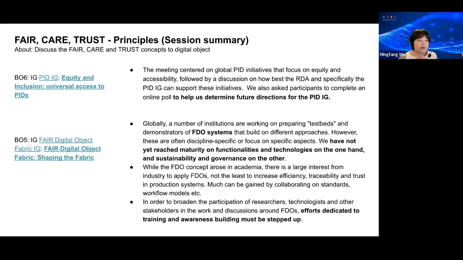At the same time, because the academic interest also attracted industry to apply the FAIR digital object concept to their systems, they identified the need to put effort into training and awareness for the way forward.